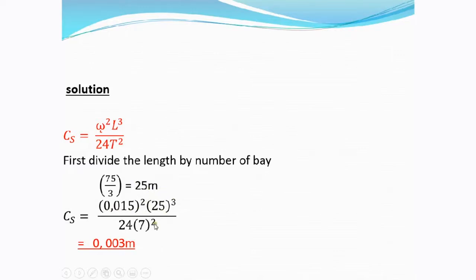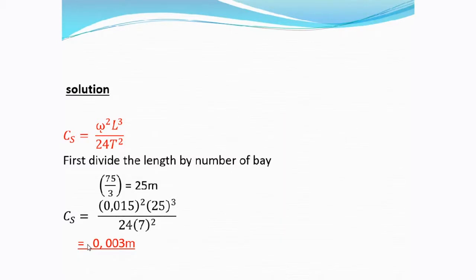So we'll say 75 divided by 3 is equal to 25 meters, which is the length when we were doing a measurement at 1 bay. So the correct sag is equal to, now you substitute in this formula here, 0.015, which is the mass of the tape, squared times 25 meters, which is the length of 1 bay, cubed divided by 24 times tension.